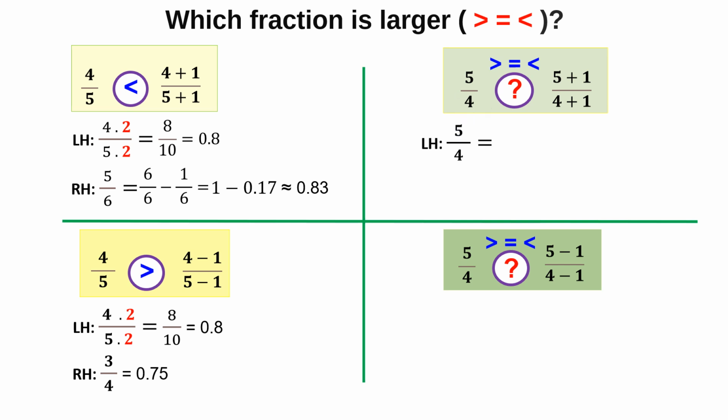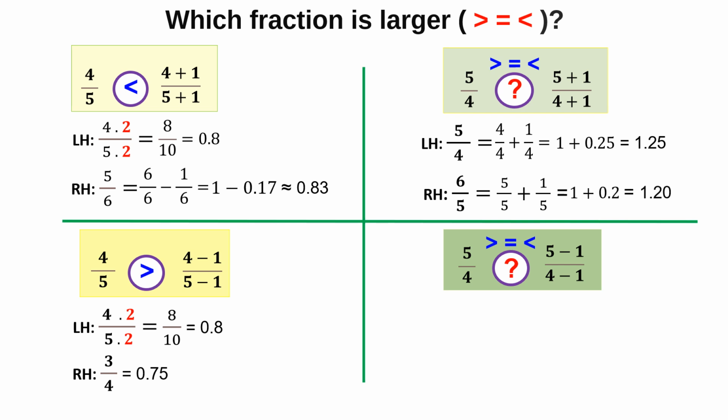The fraction 5 over 4 is larger than 1. It equals 1.25, and to the right-hand side, 6 over 5 equals 1.20. The fraction has become less.